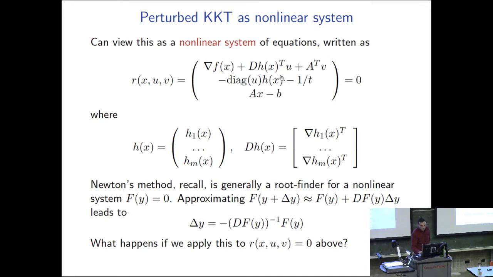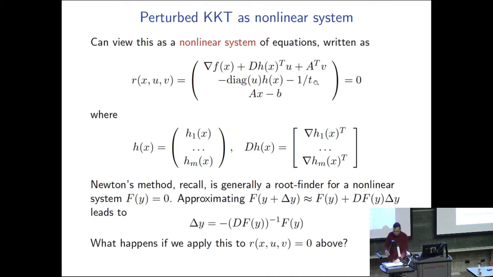And this is the perturbed complementary slackness. So I'm writing the product of ui and hi equal to minus 1 over t for all i as a diagonal matrix of the u's times this h function minus 1 over t must be equal to 0.